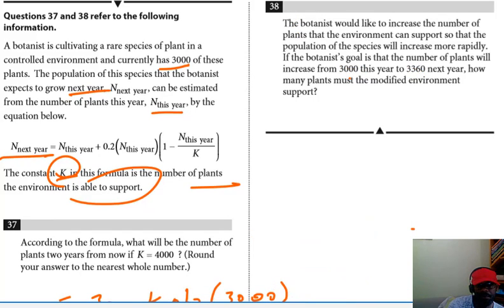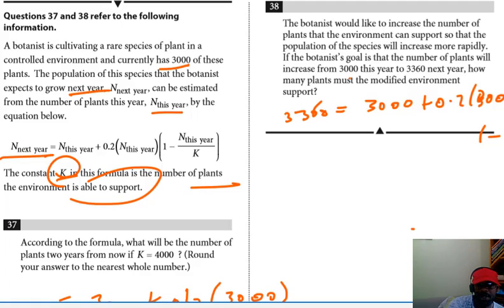Okay, so next year is 3660, which equals this year, 3,000, plus 0.2 times 3,000, times 1 minus this year, 3,000 over K. That's what we need.